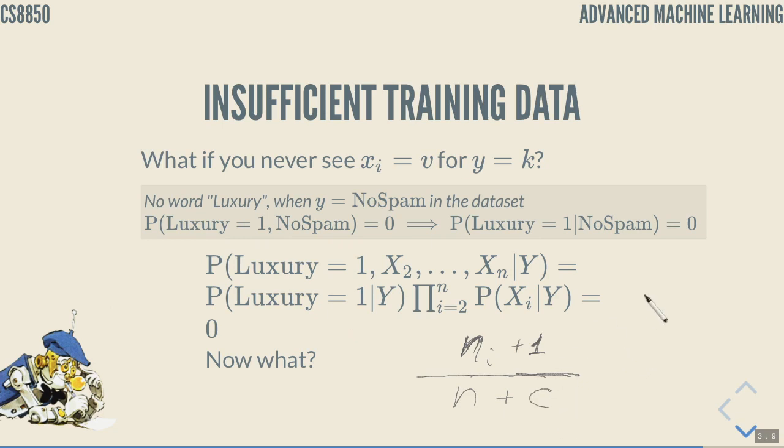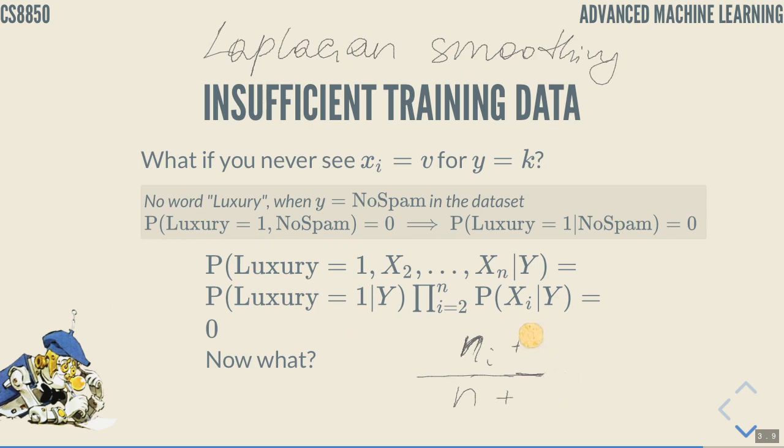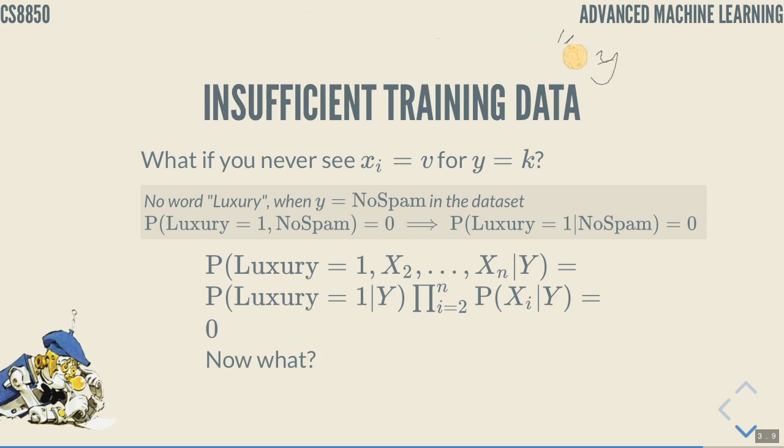That's called Laplacian smoothing. It doesn't improve our estimates, but it allows us to avoid catastrophic collapsing of everything to 0.